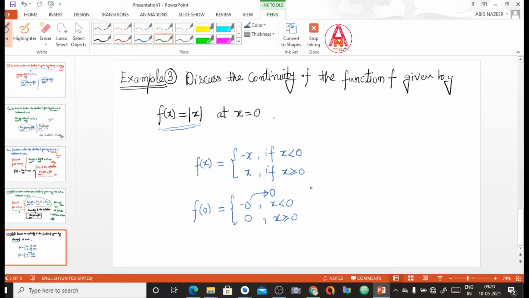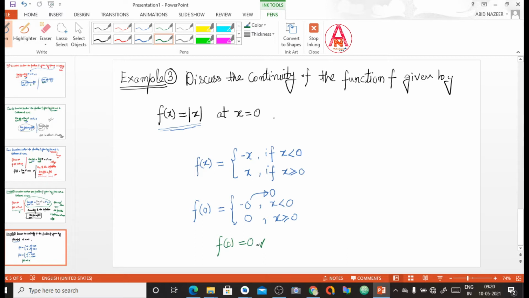So what we have next is the limit. Now the function is defined at x is equal to 0 because f of 0 is 0 for the function. So we can say that the function is defined at x is equal to 0.